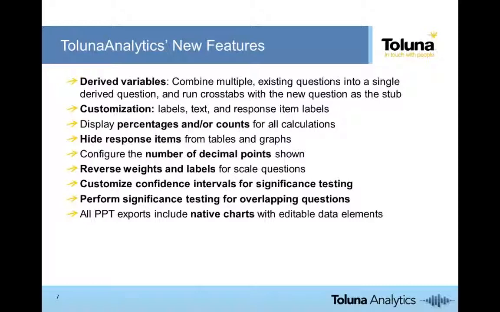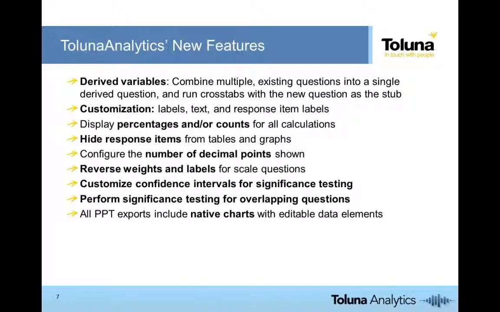You can customize all of the labels, question text, and response item labels, and then reset back to the original at the click of a button. So you can use your field question information and then create your analytical version of that question for export into your PowerPoint or Excel export.